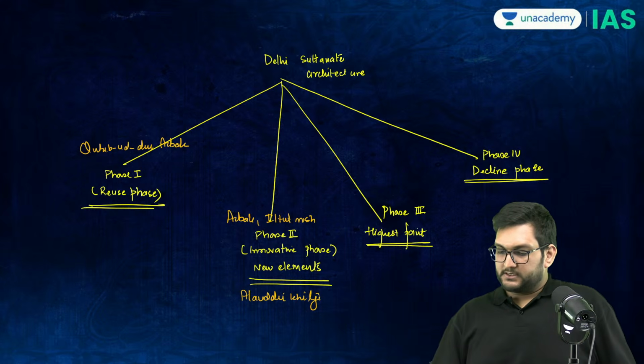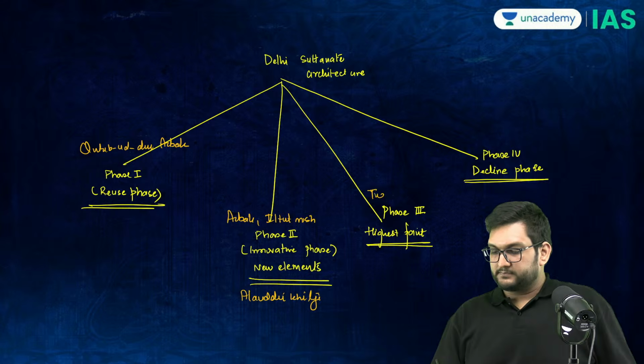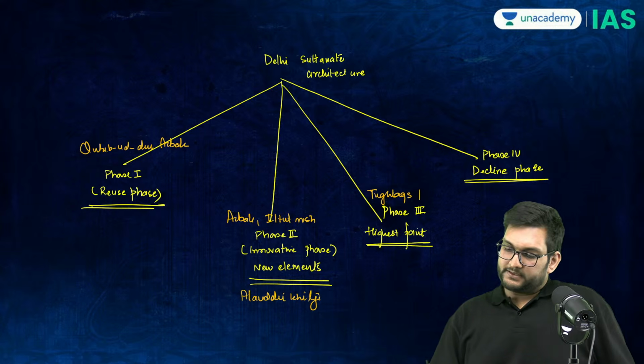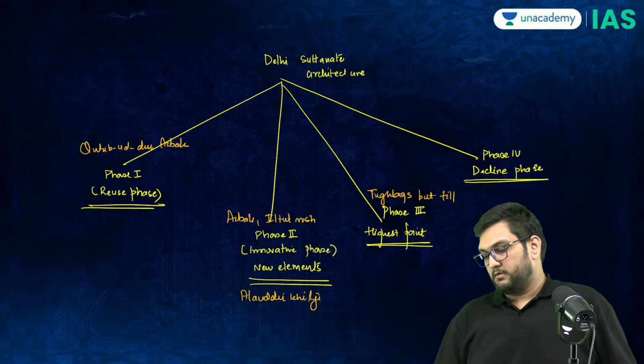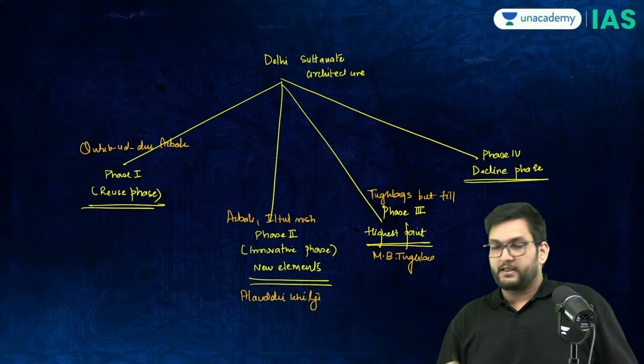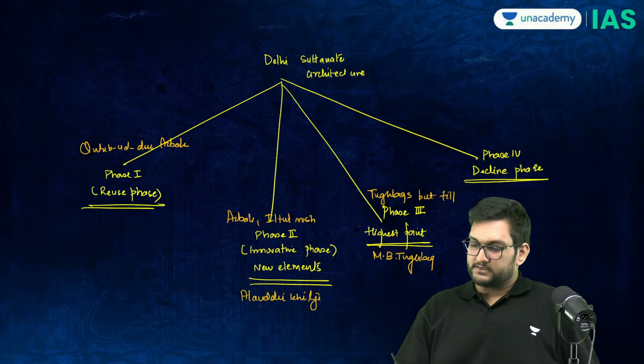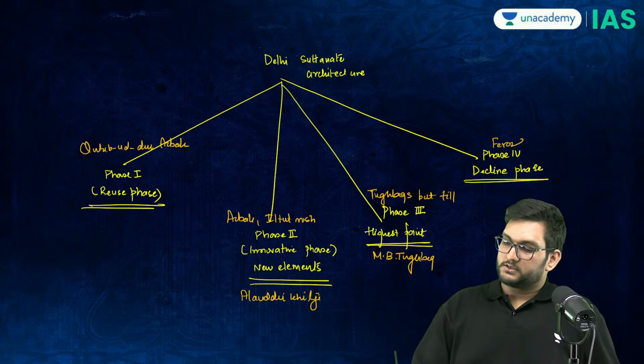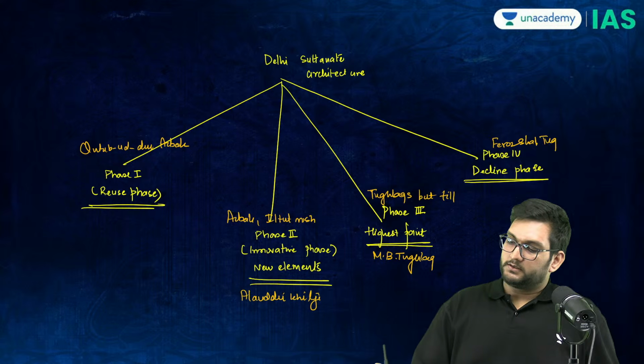Third phase is the Tughlaqs, but till Muhammad bin Tughlaq. And fourth phase is Firoz Shah Tughlaq onwards.